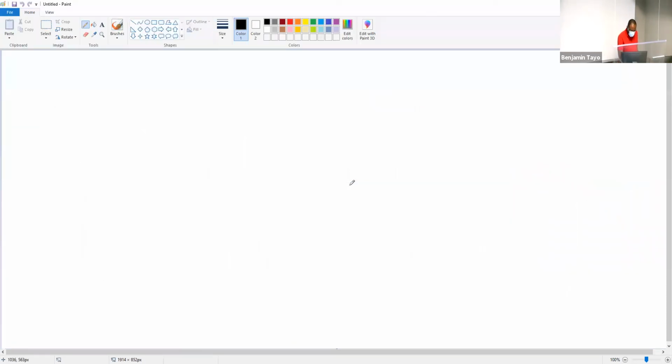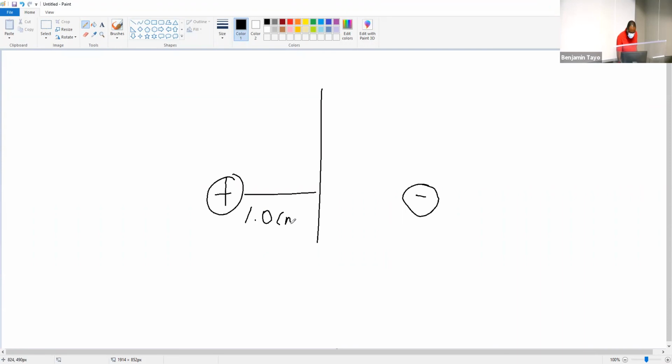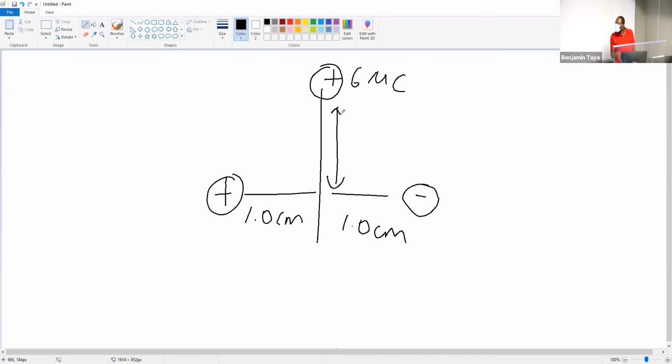So this is the second one. The same problem, but now the only difference is that, again, this is 1.0 centimeters. 1.0 centimeters. This is plus 6 microcoulombs. What was that vertical distance again? 5.0 centimeters.